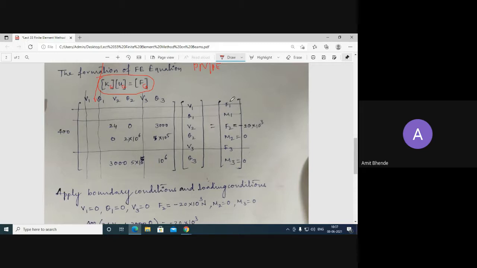Then for the global force matrix, we need to consider the linear force and angular force. So F1, M1, F2, M2, and F3, M3. So these are the loading or the force matrix, the global force matrix. Now after that, we will apply the boundary conditions.